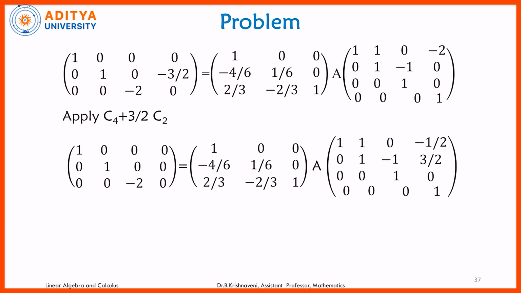Next step, finally you can say this, right? But here you are left with minus 3 by 2, that also you have to make 0 in order to convert this into normal form. So the operation we have used is C4 plus 3 by 2 C2.